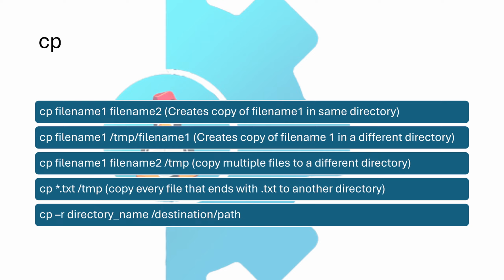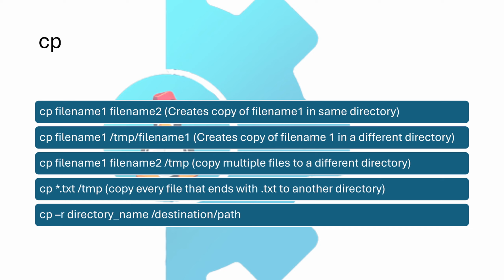We can do the same thing, but copy the file to a different directory and give it a different name. Also, you can use a glob pattern. So you can do cp *.txt /tmp.